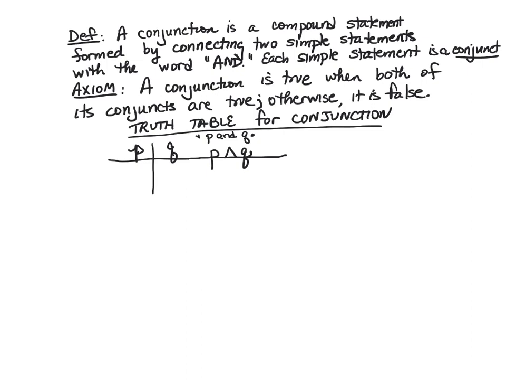All right. Now let's look at the truth table that we had in the do now. We had 4 lines.